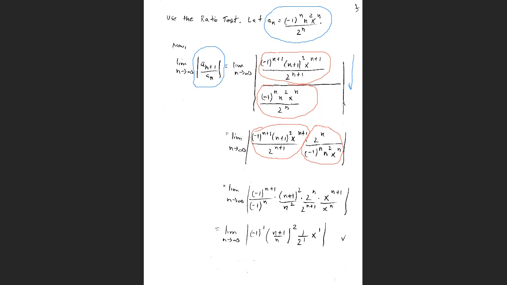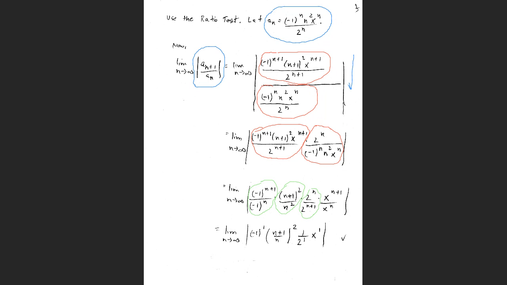And then what I like to do is I like to group things together, like similar terms together. So -1 to the n plus first power, I put it over -1 to the nth power. And n plus 1 squared, I put that over n squared. 2 to the nth power, I put that over 2 to the n plus first power.